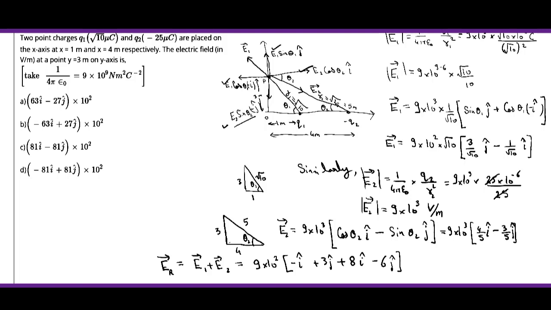On further solving we get 9 into 10 to the power 2, and in the bracket 7 i cap minus 3 j cap. Multiplying 9 into 10 to the power 2, we get the final expression for the resultant electric field experienced at point P. So option A is the correct answer of this problem. Thank you.